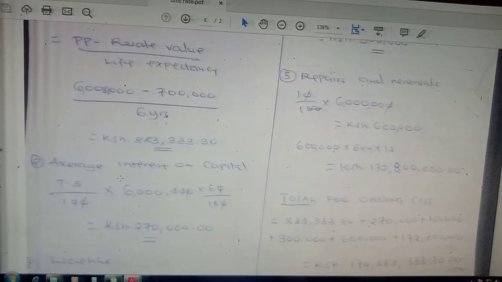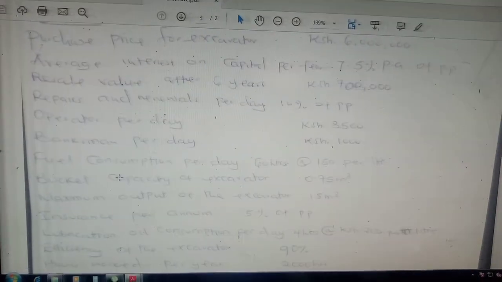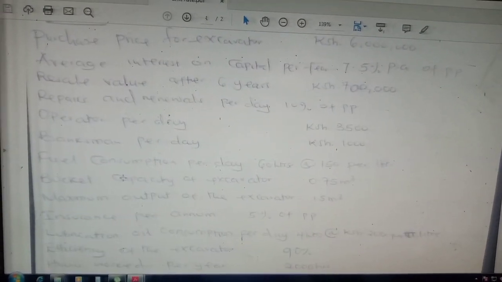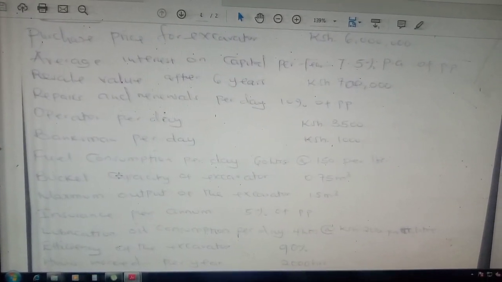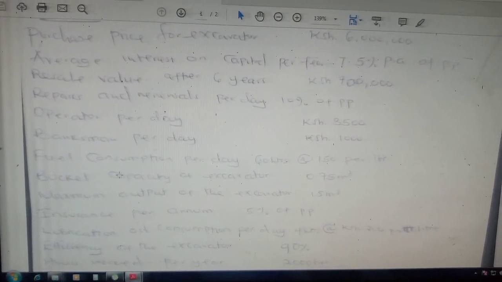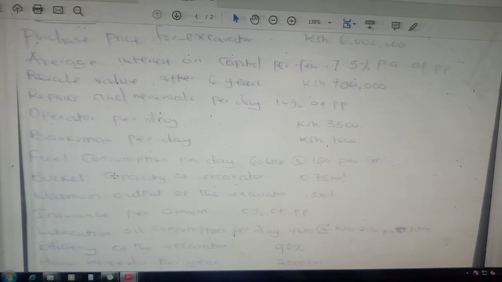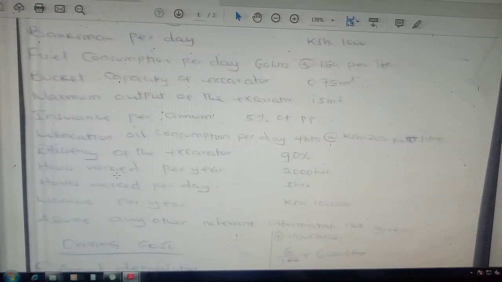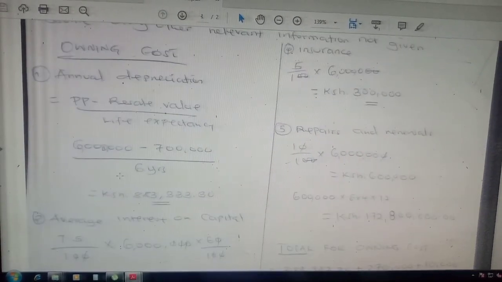In the data we were given average interest on capital per year is 7.5% of the purchase price.